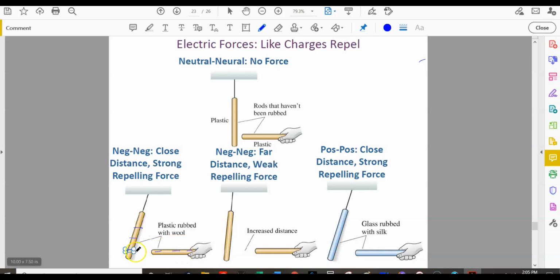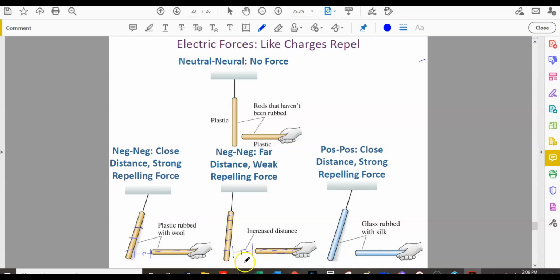Well, if you bring these two objects, which are opposing each other, close to each other, this distance is important. Here they're only a very small distance away from each other. But if both objects, or one of the objects, had even more electrons built up on it, then the distance would be even more increased.